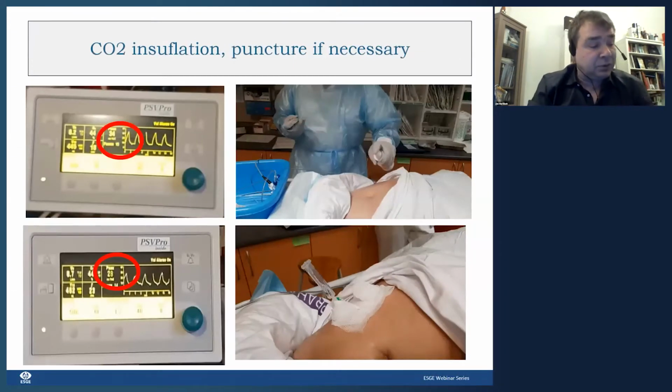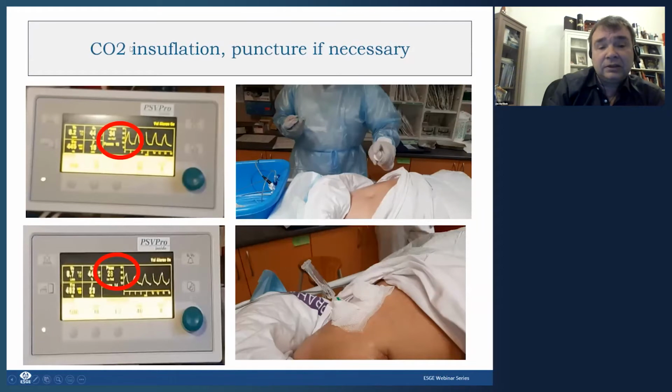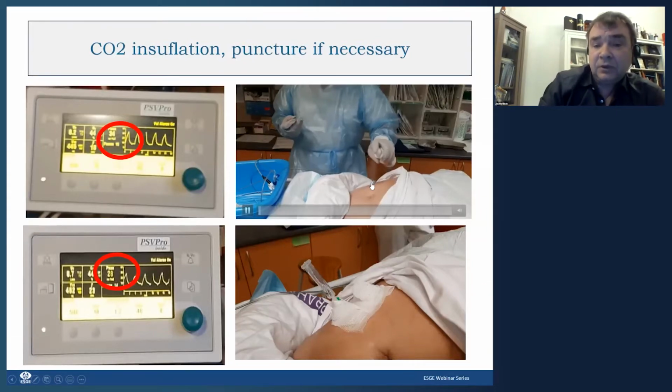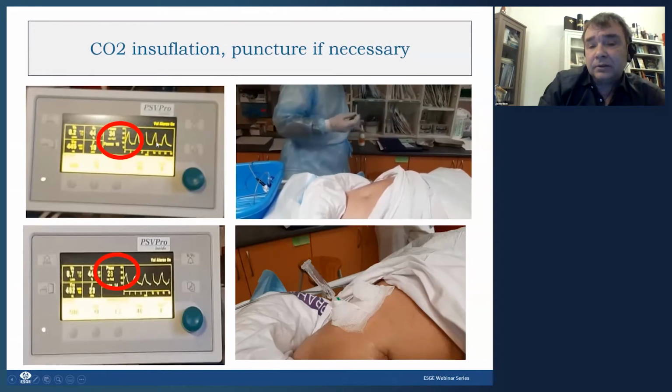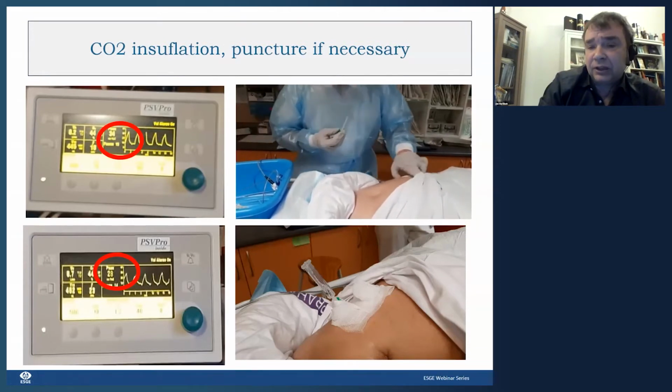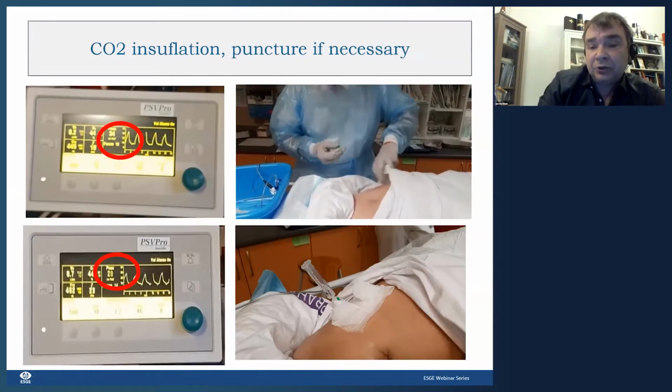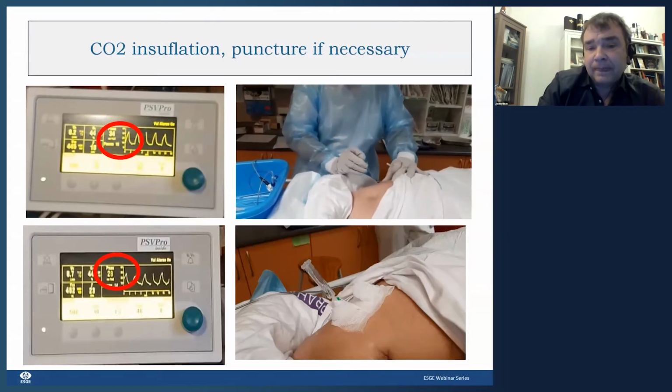What is important to look at during the procedure is inspiration pressure. It's the usual task of an anesthesiologist. Here you see that during the procedure, we reach inspiration pressures above 30 millimeters of mercury, 34. If there is tension in the abdomen, we perform a puncture using a standard cannula to decompress the capnoperitoneum.